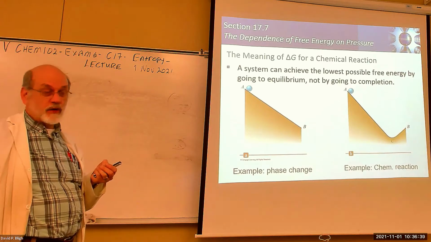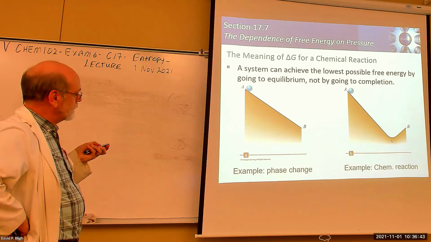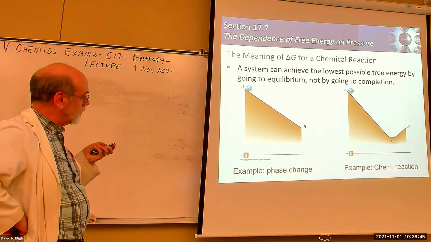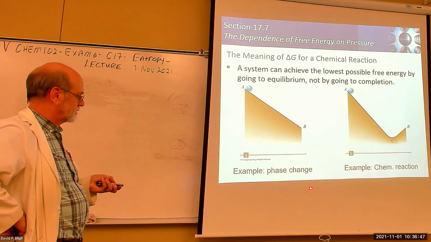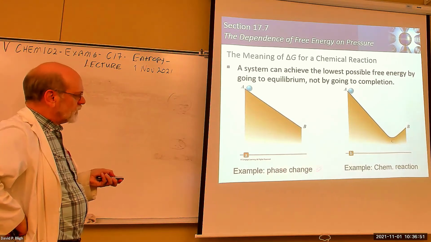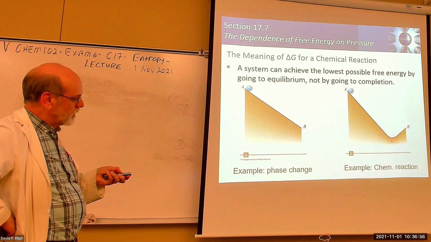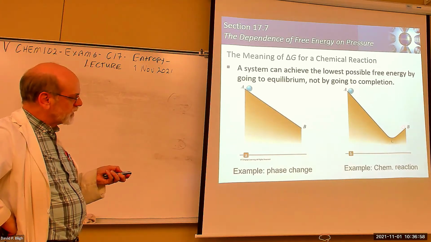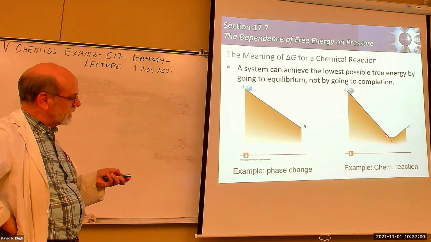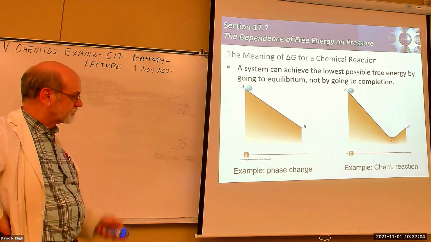Equilibrium may be the lowest possible energy state, right? In this case, it would go to completion, run all the way down off the end. This is what happens for phase changes. But for a chemical reaction, we might end up here where it still produces a little bit of B, but it also produces A, it goes back and forth. And that's the lowest energy.